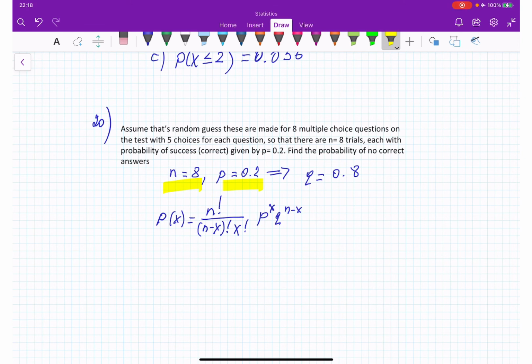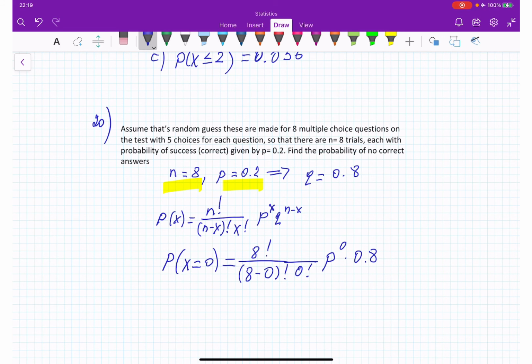When you plug, you are going to find the probability of no correct answer, which means x is equal 0, which is going to be n is equal 8 factorial over 8 minus 0 factorial times 0 factorial, times p to the power x, which is 0, and q, 0.8 to the power n minus x.